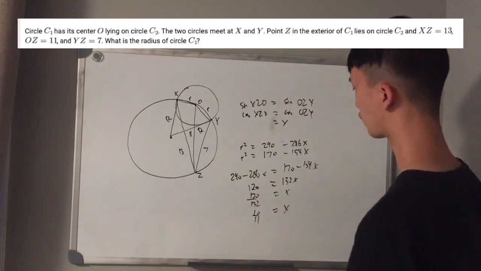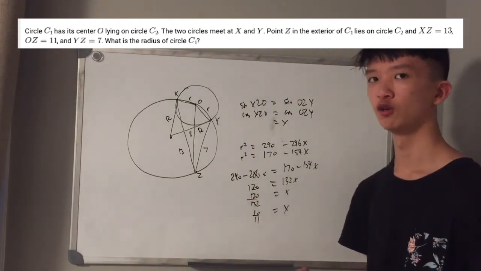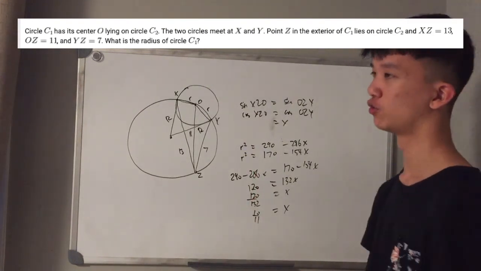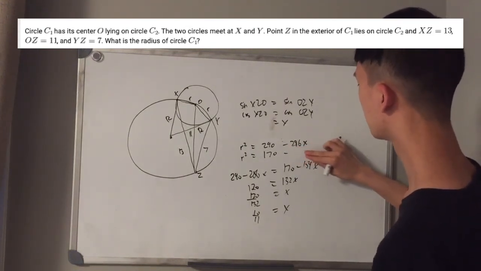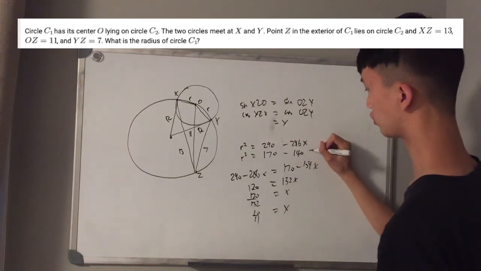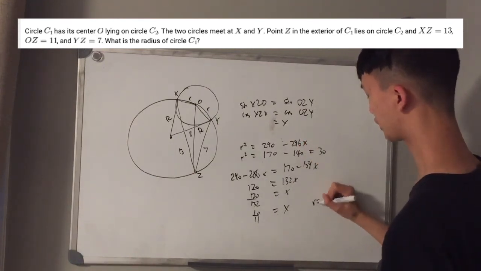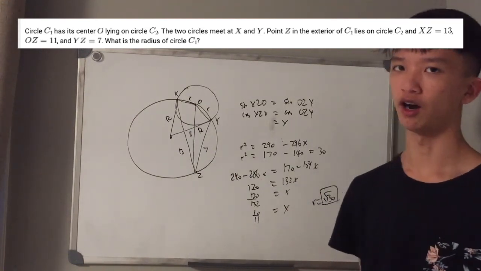Now, substituting 10 over 11 into equation 2 gives us 10 over 11 times 154, which is equal to 10 times 14, which is equal to 140. So we have r squared is equal to 170 minus 140. Now, r squared is then equal to 30, and so r is equal to the square root of 30, and that is our answer. And so we are done.